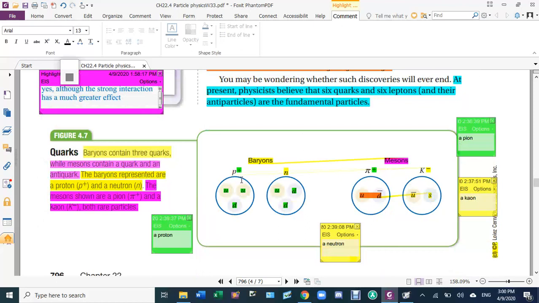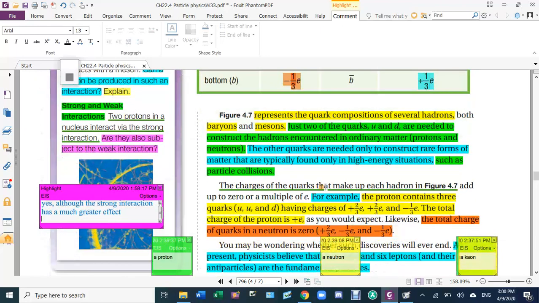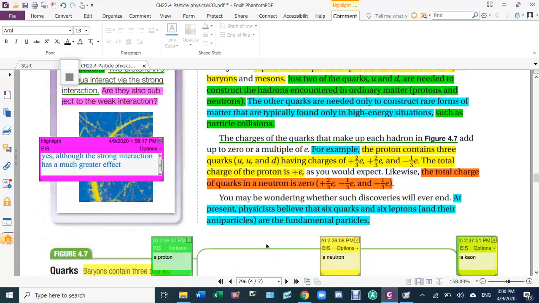Now, if we look at the figures, p positive means a proton, n means a neutron, K minus means a kaon, and pi positive a pion.